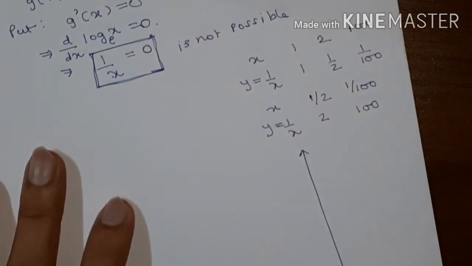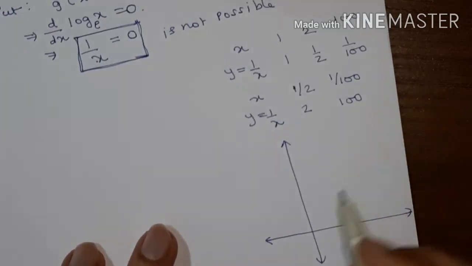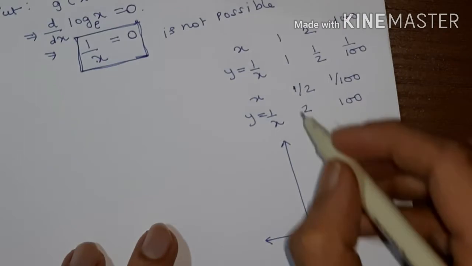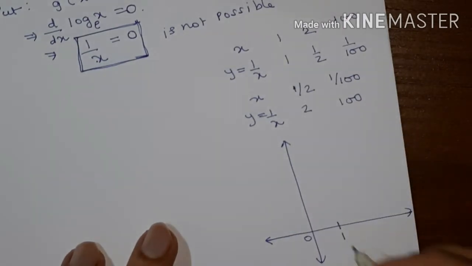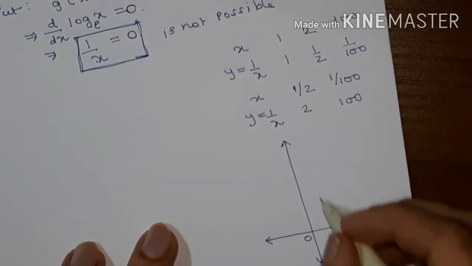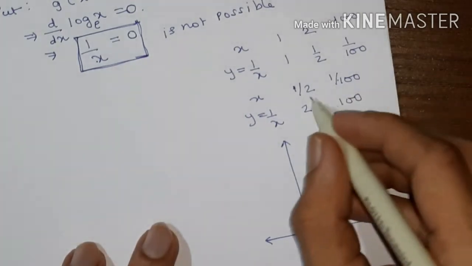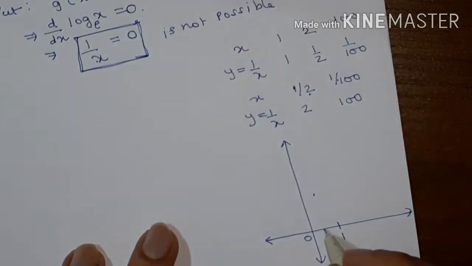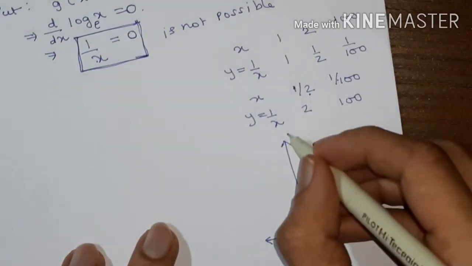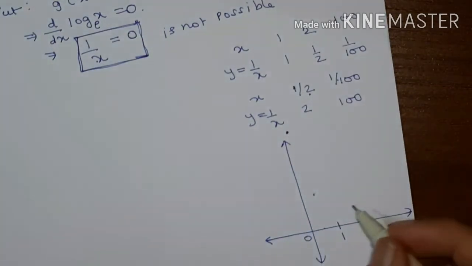So the graph of the function is like this. Suppose this is 1; at half it is 2, then at 1 by 100, which is less than half, it will be somewhere higher, so the function increases.